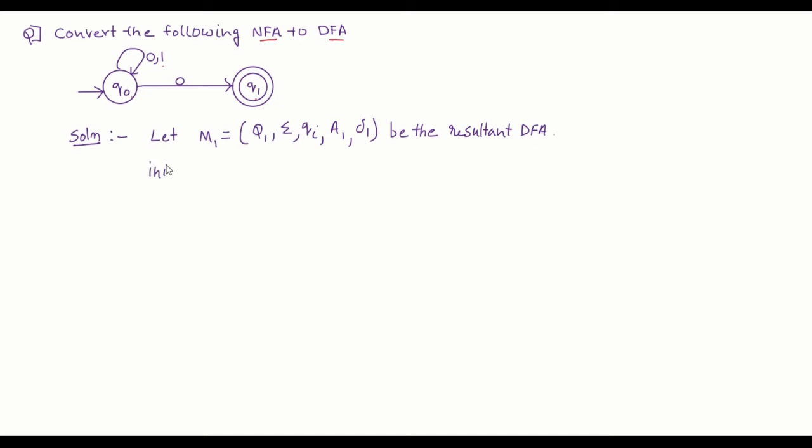Initially, one thing is very clear: in the procedure we said we don't know what the states of the resultant DFA will be, but the initial state of the NFA will be the initial state of the DFA. So Qi, the initial state of the DFA that we are going to draw, we will initialize to Q0. By writing this I simply mean that the initial state of the DFA will be the same as the initial state of the NFA. So Qi equals Q0.